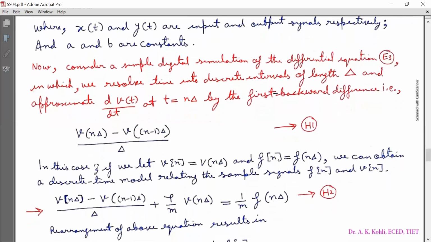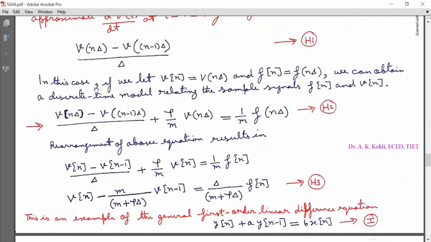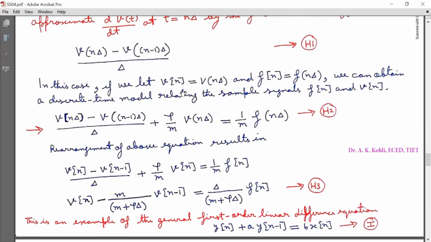In this case, if we let v[n] equal v(n delta) and f[n] equal f(n delta), we can obtain a discrete time equation relating the sampled signals f[n] and v[n].